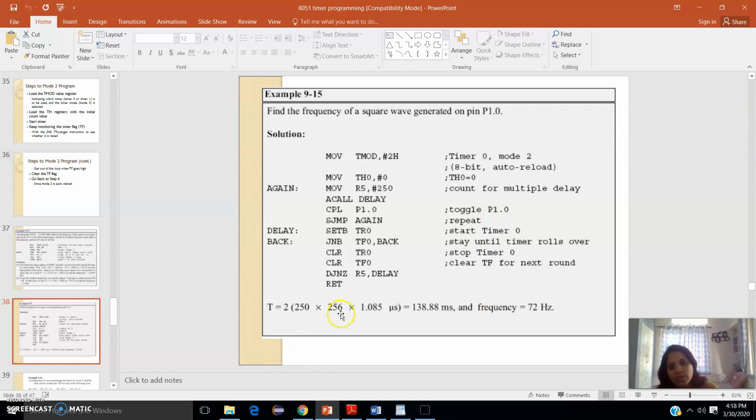So 250 multiplied with 256, because that is the time delay, and the time delay call is 1.085. So this is an example.